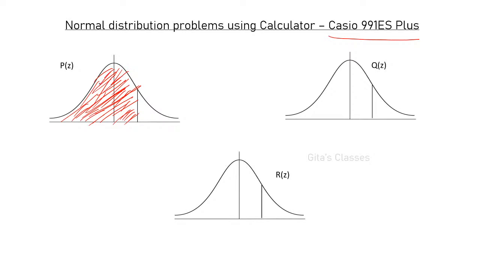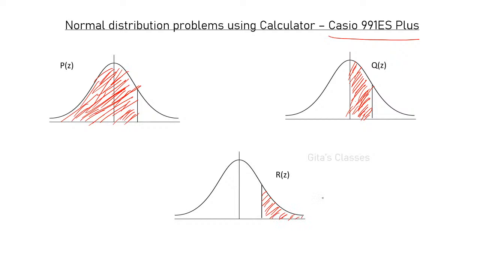I'll tell you how to find the P, Q, R values from the calculator. This represents P of Z. And this is Q of Z, which is exactly equal to our table value. And R of Z represents this area. Only these things you have to remember, and then you can find the values directly.